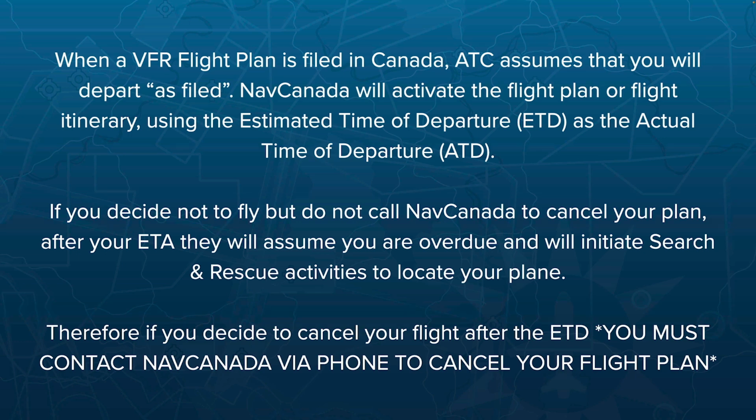Nav Canada will assume, again, that what you file is going to happen, and if they don't hear from you, they will initiate search and rescue if they deem that you're overdue from your arrival time. So you do need to cancel your flight plan if you decide not to fly, if you filed.